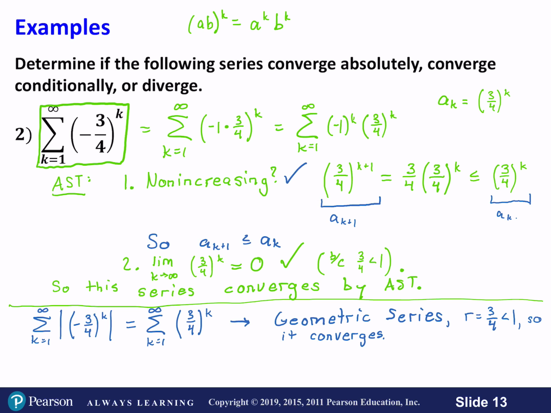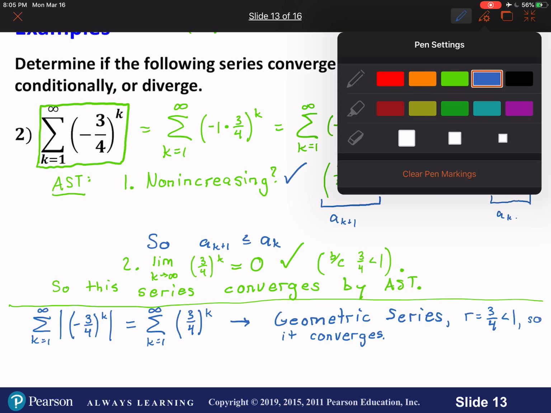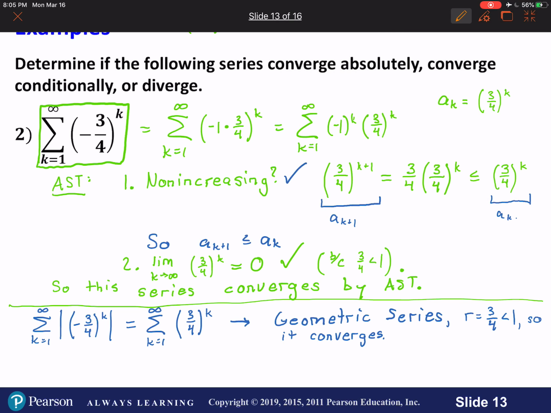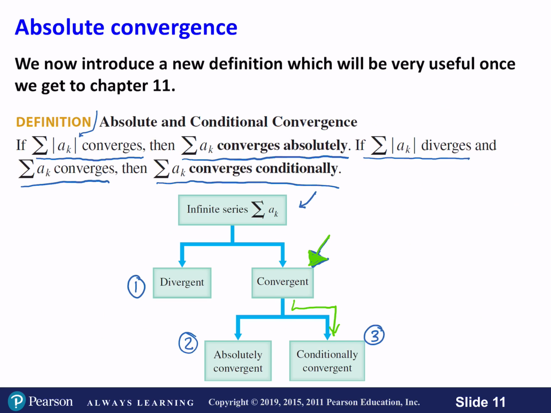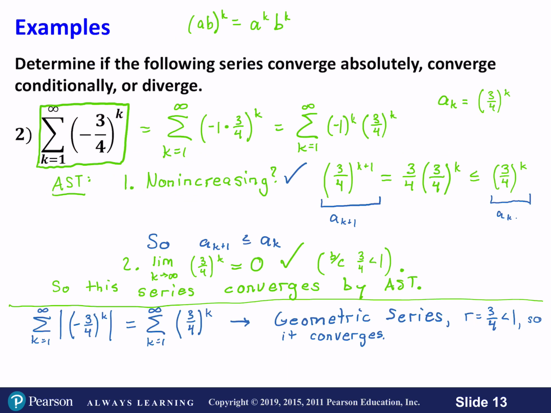All right, and finally we write down the conclusion statement. Once again, we are now in this convergent case, but this time, when we took the absolute value, it converged also, so we are actually in the absolutely convergent case.